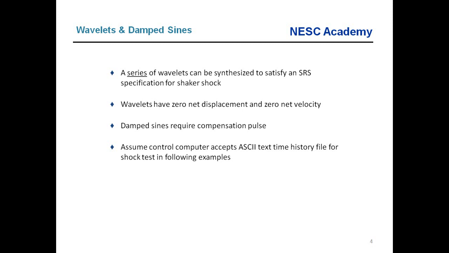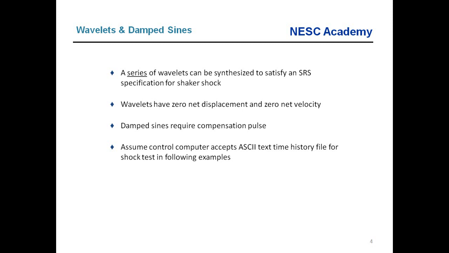Another thing we run up against is that with a shaker system, particularly for shock, there are definite limitations. There is the stroke limit or the displacement limit, which is particularly critical if we have a lot of energy at low frequencies. Velocity is a limit. Acceleration is a limit. Force in pounds is another limit.